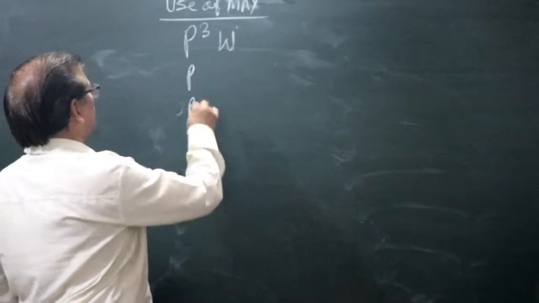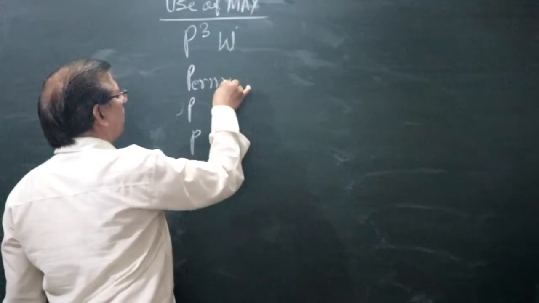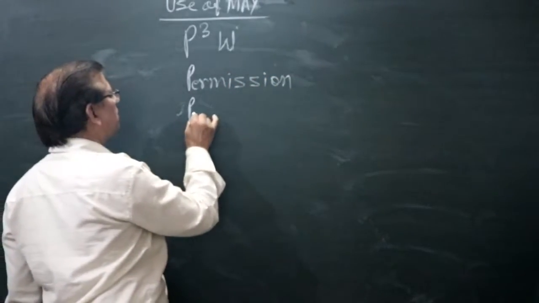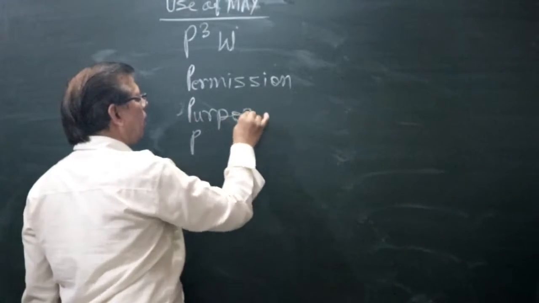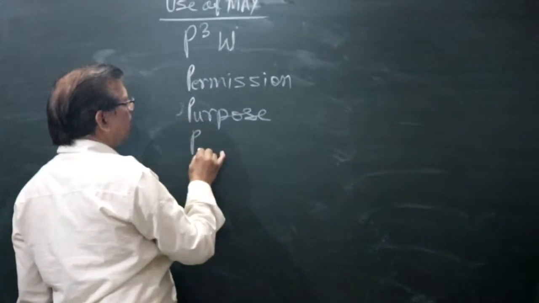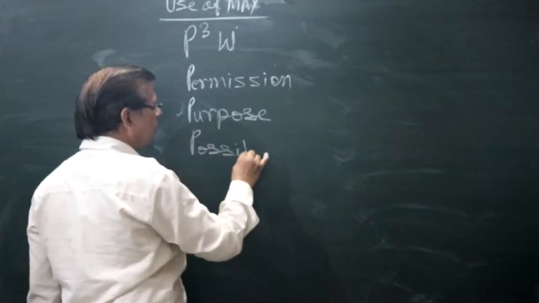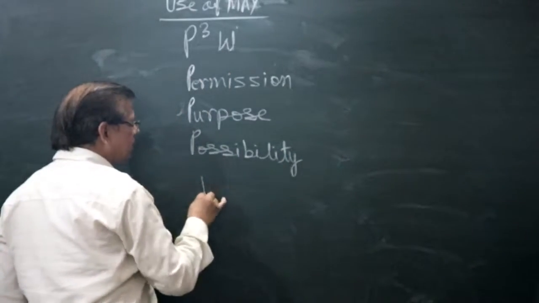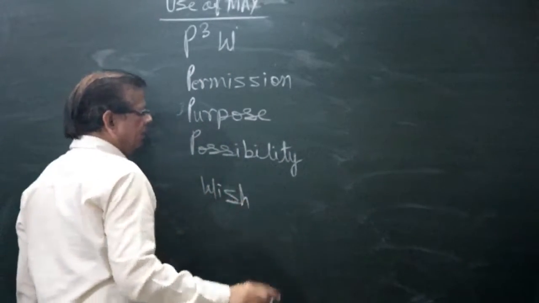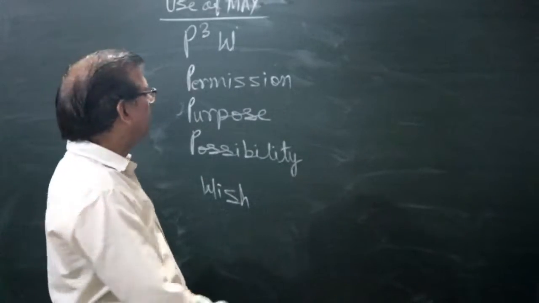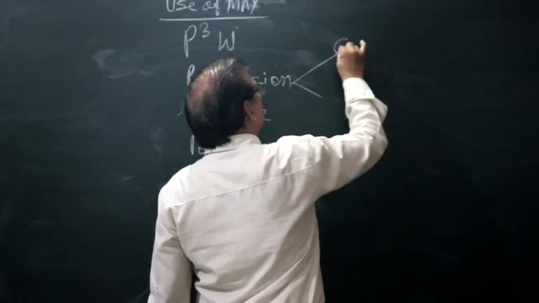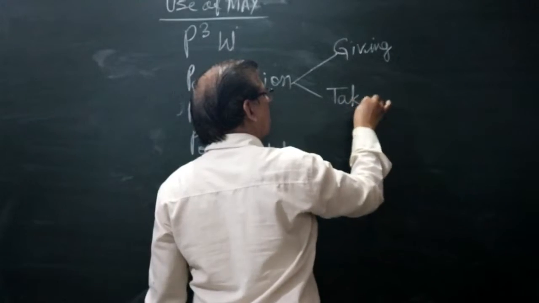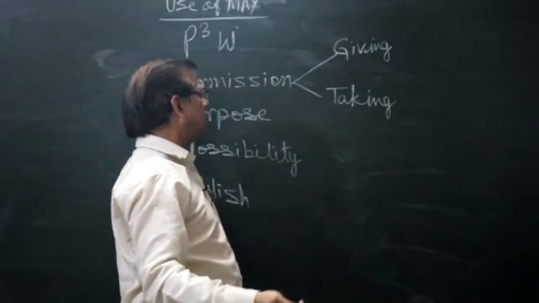Now, use of may. P Q W. P for permission, P for purpose, P for possibility, and W means wish. Permission: permission giving and permission taking, seeking permission.